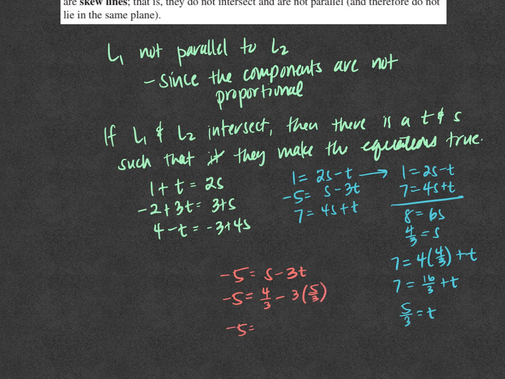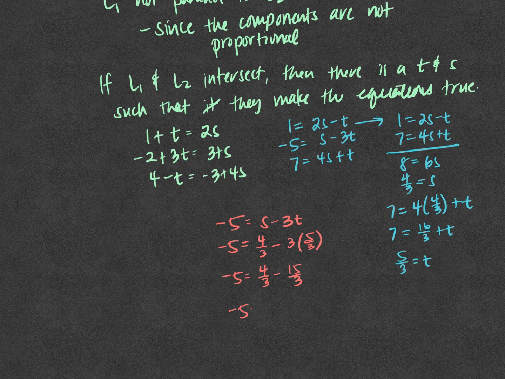So we get negative 5 equals 4 over 3 minus 15 over 3, which says negative 5 equals negative 11 over 3, which is not true. Since it's not true, the points don't intersect. Therefore, L1 and L2 do not intersect.